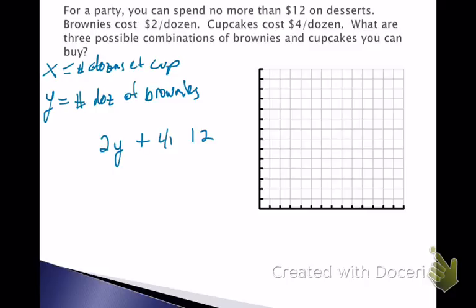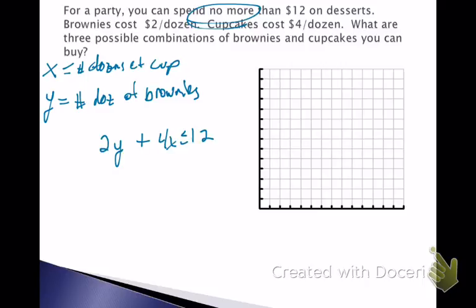So 4x. And normally I put an equal sign here, but it says you can spend no more than $12. Right? It means your cost, or 12, has to be greater than or equal to, or in other words, your cost has to be less than or equal to 12. And so there's your inequality.